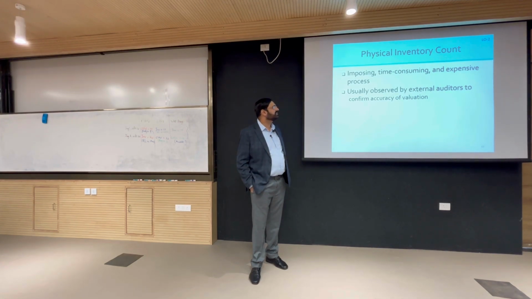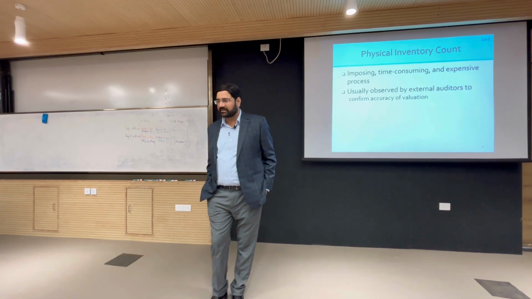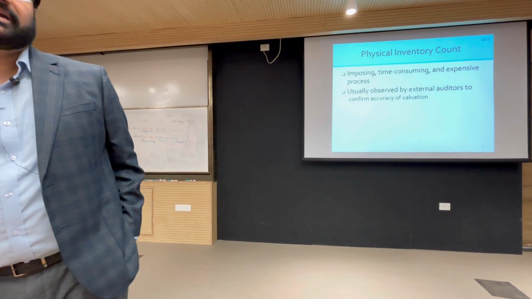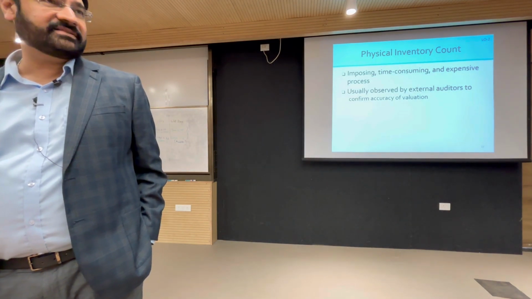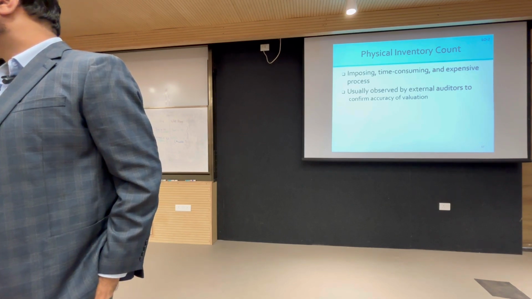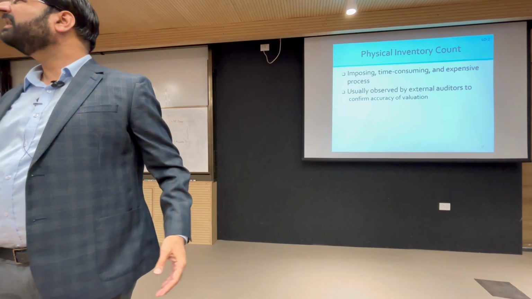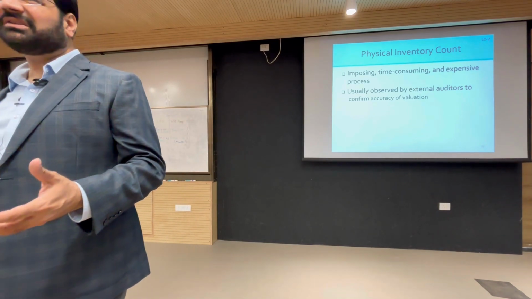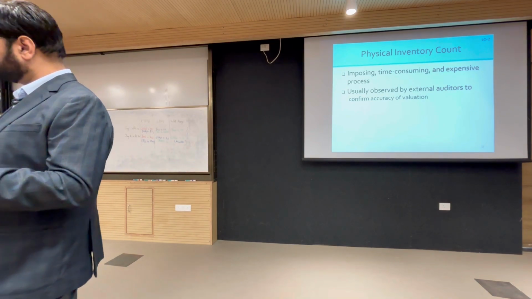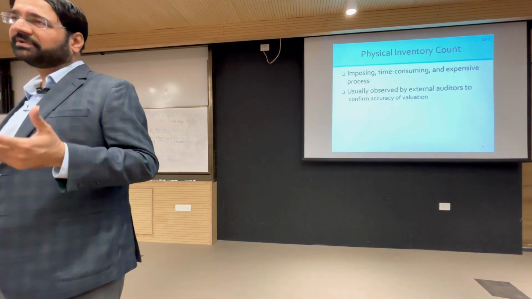Physical inventory count is of course a time consuming process. If there are only 100 glasses, कोई problem नहीं है. Right? If there are only 100 glasses, it will take half an hour to count 100 glasses. But for companies with huge factories, lakhs and lakhs of products, like एक चीज 10,000 types of products, and every product, we are talking of big companies.